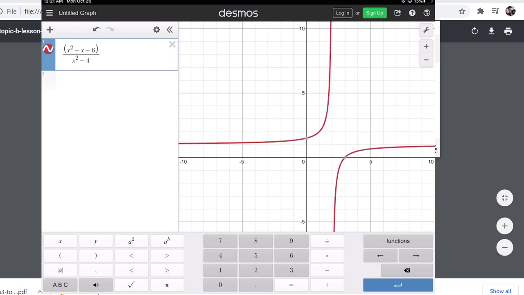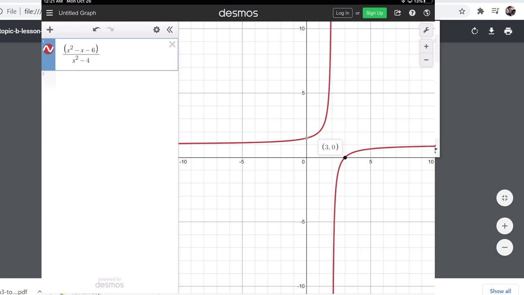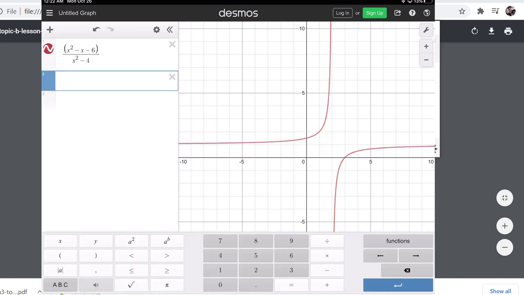Alright, so you can see these points. At x equals 3, there's a 0. At 0 and 1.5, there's a y-intercept. You can hopefully see the asymptotes. Here, let me do this. Let's do y equals 1. So you can see there's an asymptote there that the graph isn't going to cross.